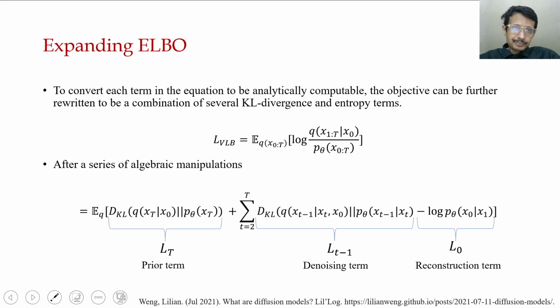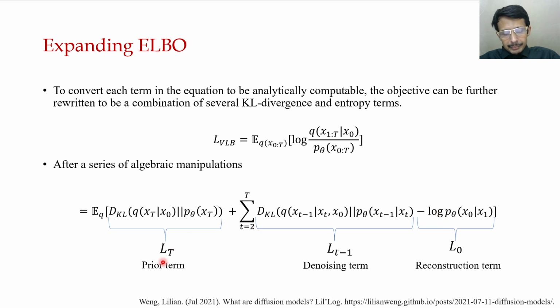Now we are expanding the ELBO. To make each term in the equation analytically computable, the objective can be further rewritten as a combination of several KL divergence and entropy terms. This is the variational lower bound of this loss. We intentionally omit the lot of algebraic manipulation, and after that it can be shown that this can be written in this form. There are three major terms.